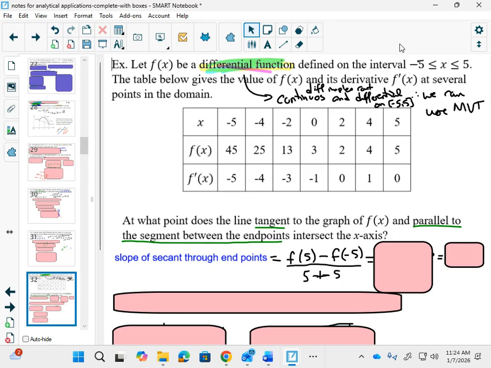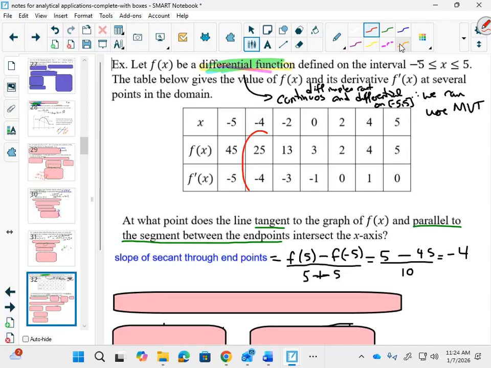So what is our slope of our secant? We just do f of 5 minus f of -5. 5 minus 45, and the distance from -5 to 5 is 10. So we know the slope of the secant is -4. Does that ever happen on our graph? Yes.